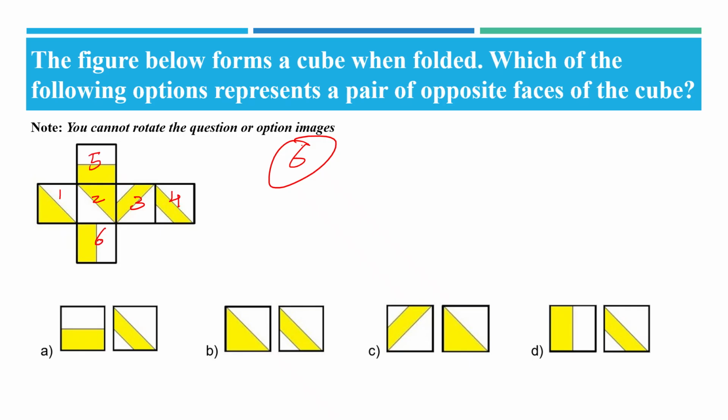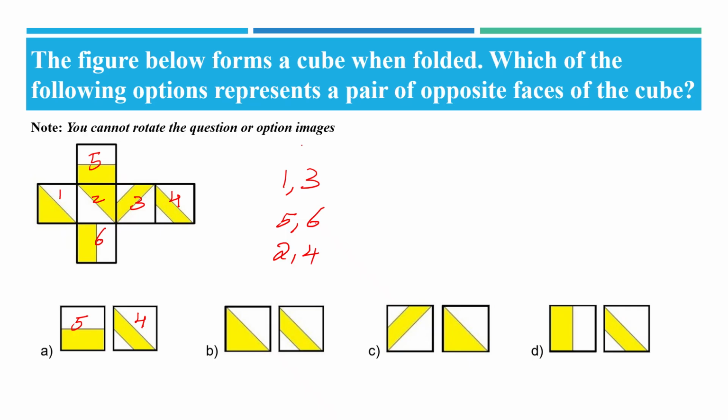Great. And here, as you see, 1 and 3 make a pair of opposite sides, and 5 and 6 form another pair, and 2, 4 are the third pair. Okay, great. So here, this is the 5th face, and this represents the 4th face.